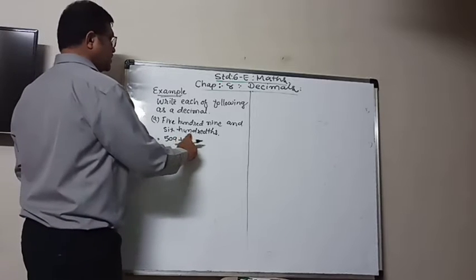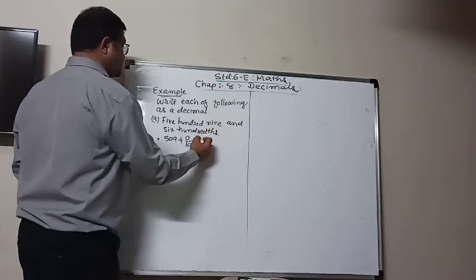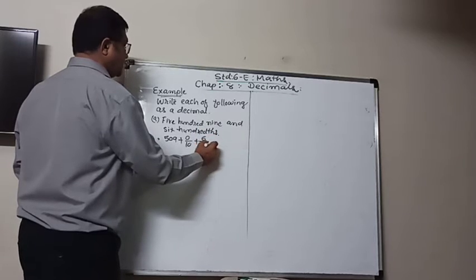But here it is not given, so you can write 0 upon 10 and then 6 upon 100.